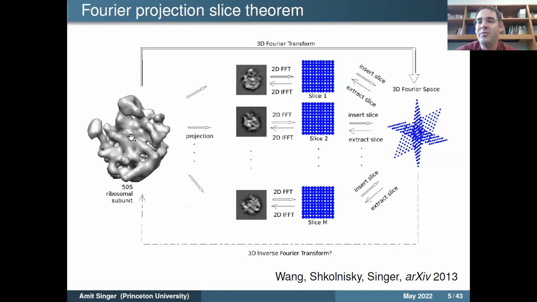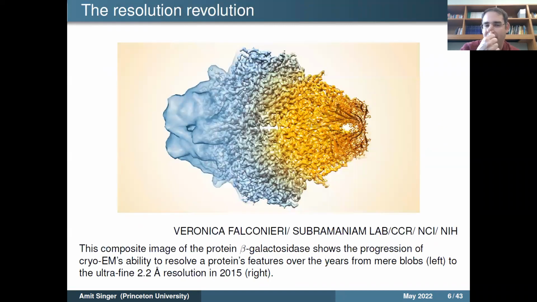The point in cryo-EM is that we don't know the orientation. So we know that we somehow get noisy slices, but we have no idea how to insert them in a consistent way. I'll get soon to how to actually solve the cryo-EM problem.